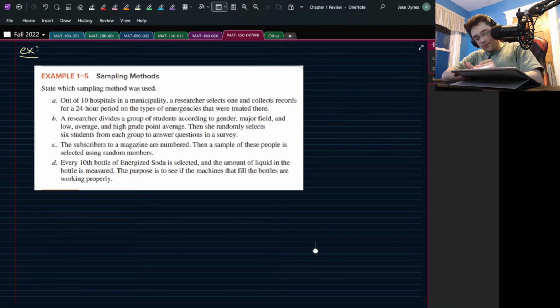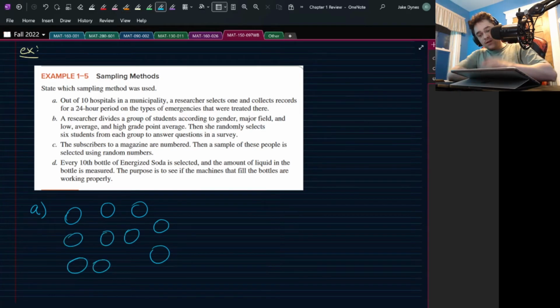So they've got 10 hospitals, 1, 2, 3, 4, 5, 6, 7, 8, 9, 10. And the researcher selects one at random, I guess. So let's say they pick this one. And they're going to collect records for a 24-hour period of the types of emergencies that were treated there.